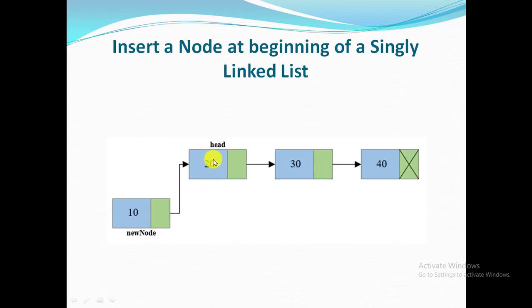Next we'll see how to insert a node at beginning of a singly linked list. Suppose this is a singly linked list, that is start from 20, 30, then 40.